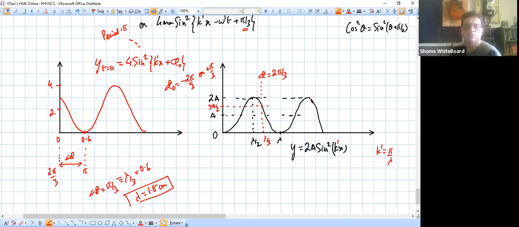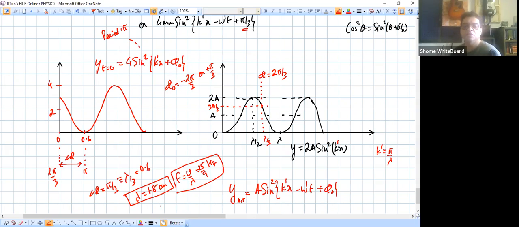Okay. Which means your frequency, V by lambda, will come out to be the same, 25 by 9 hertz. But this time the difference is that when you convert this to the function, we like this sine square k prime x minus omega prime t plus phi naught.